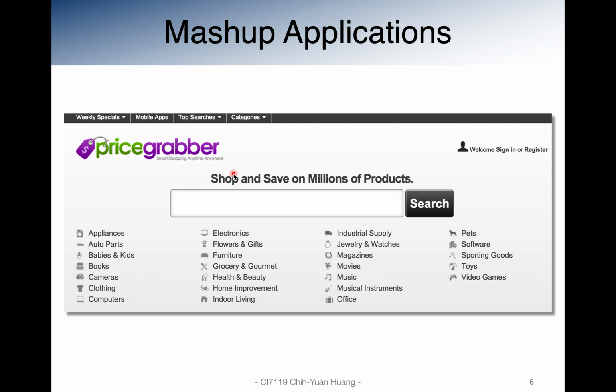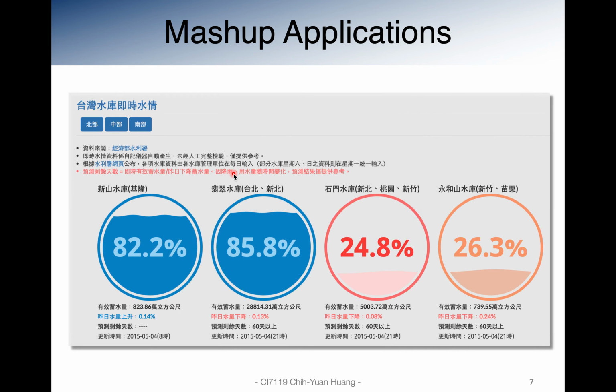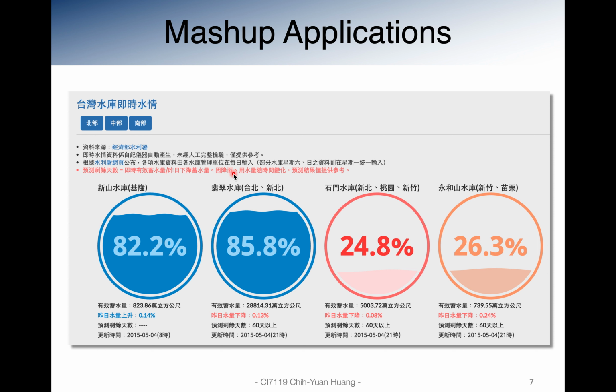So in this mashup, it takes multiple online shopping websites, extracts their price information, and finally shares it with the customer by listing them together to help the customer find the lowest price. The other example is about showing real-time sensor information.